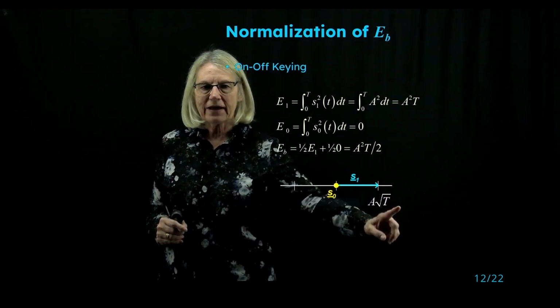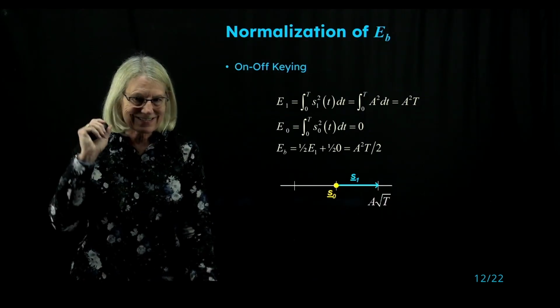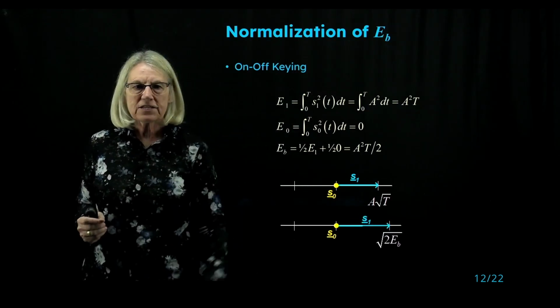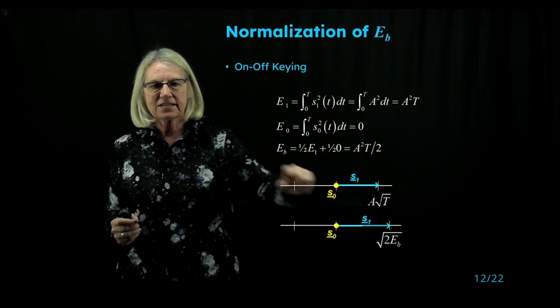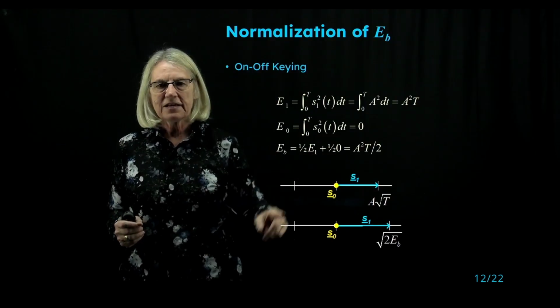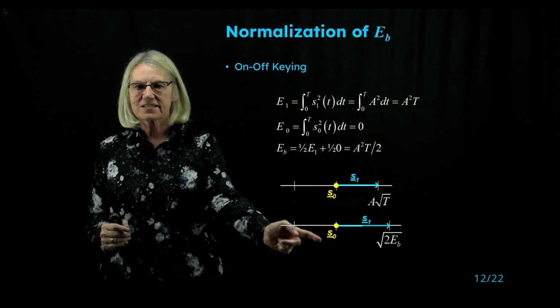So these were my original coordinates. But that's not really signal space, because in signal space it's got to be in terms of this parameter EB. But that's okay. Now I know how to relate the coordinates I found to the energy per bit. So this is just another way of writing it, and this is signal space.